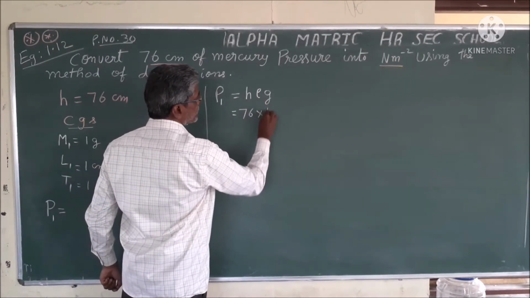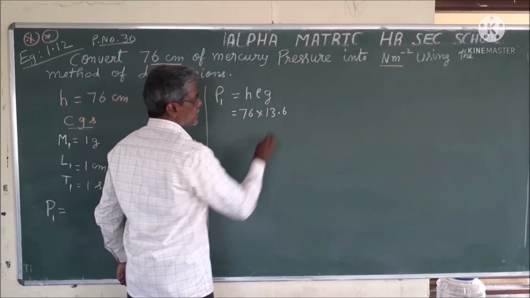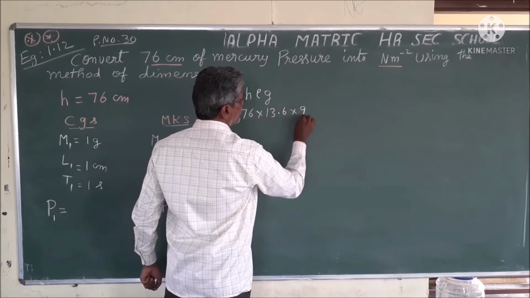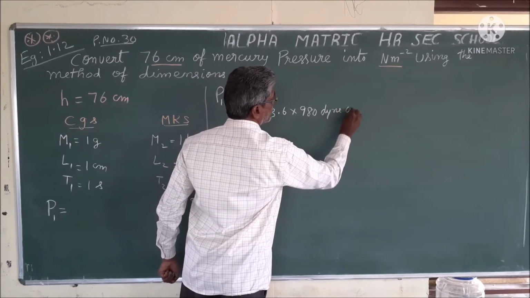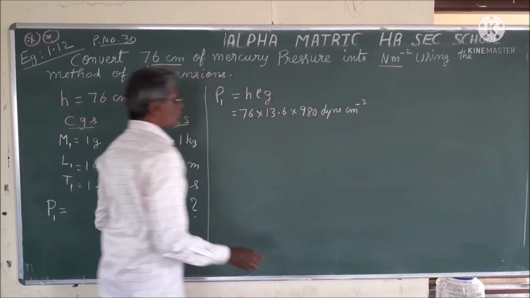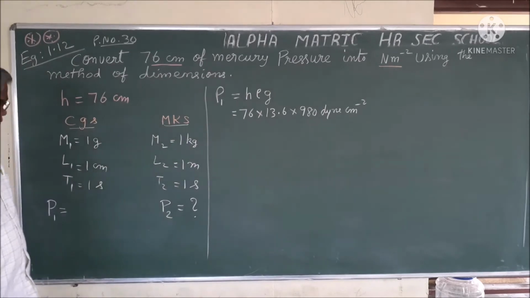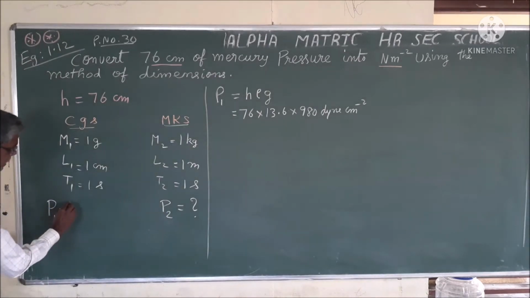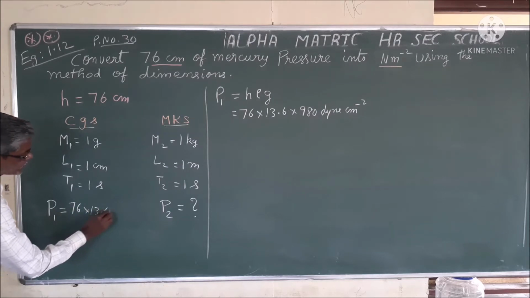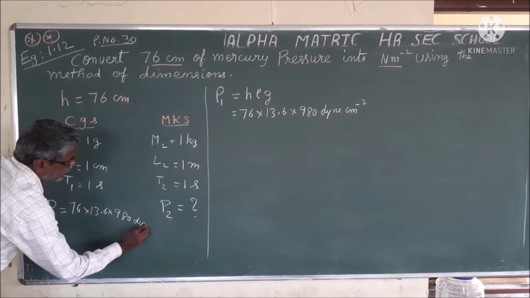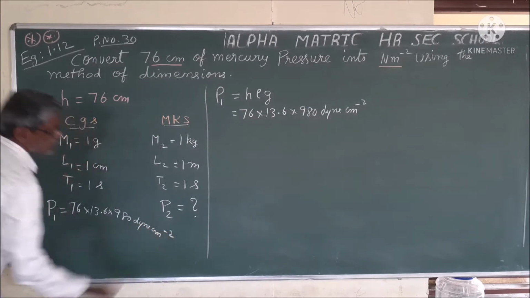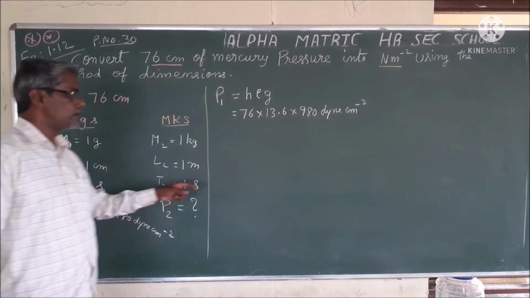Density is 13.6 and gravity is 980 centimeter second minus 2. So this will be the value for P1. So P1 I will write as 76 into 13.6 into 980 centimeter second minus 2.